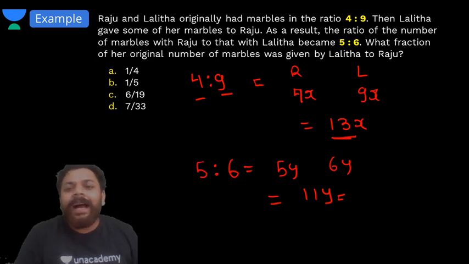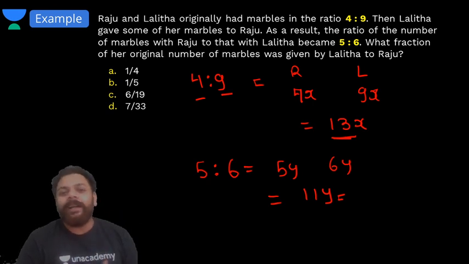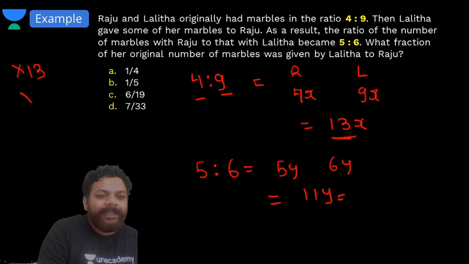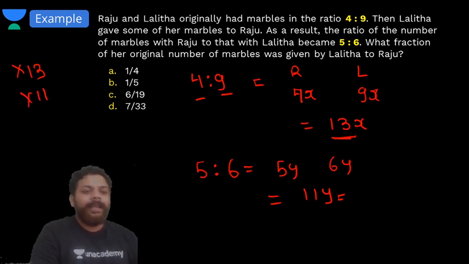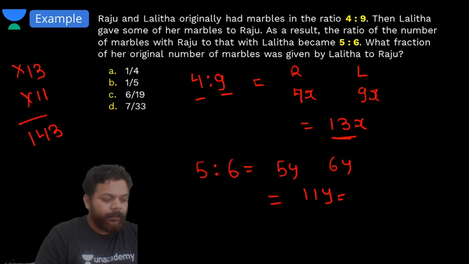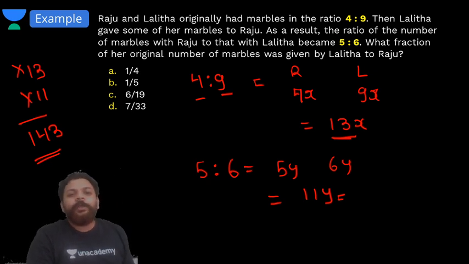So for sure, the total number of marbles must be a multiple of 13 and 11. The simplest number that is a multiple of both 13 and 11 is 143. So 143 is my assumption for the total number of marbles.